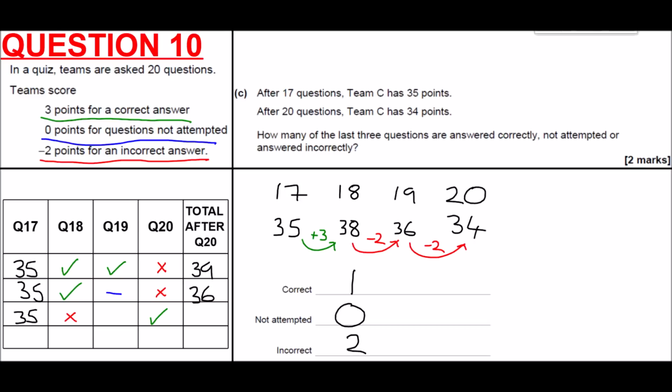I mean, if 2 were answered incorrectly, and only 1 was answered correctly, that's the only way we could do it so that the total score would end up as 34. That's the only way it could happen. So for question 10, part C, 1, 0 and 2 is what we need to put on our answer line.